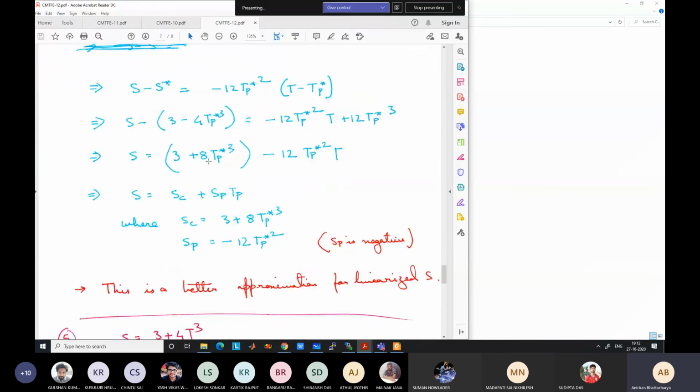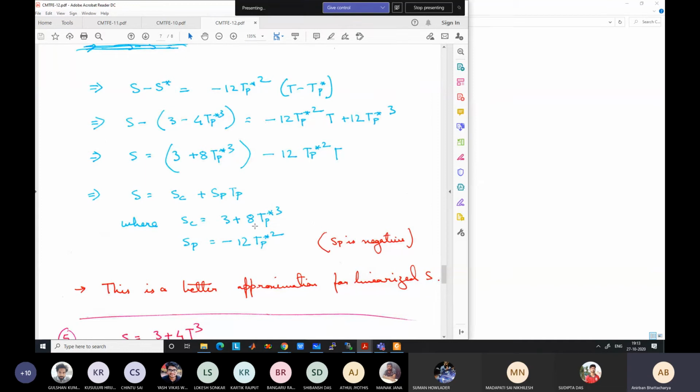This part is the known part, since TP star is known, and I can put this in SC. So SC becomes 3 plus 8 TP star cubed. And this part, because T is unknown, can be taken as SP into TP, like what we are doing. So SP is equal to 12 TP star squared, where SP is also now a known value. It is linearized.